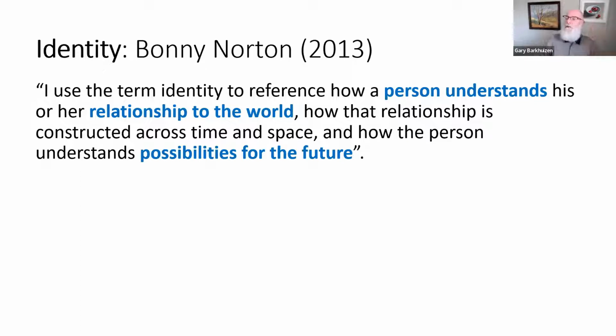And also important in this definition, she goes on, and how the person understands possibilities for the future. So it's not only identities in terms of now, but it's identities in the future as well. So this implies that, of course, identities can change. Identities can change over time as we interact with other people.